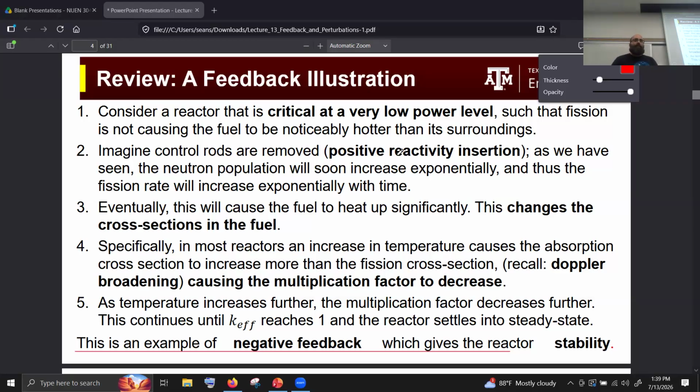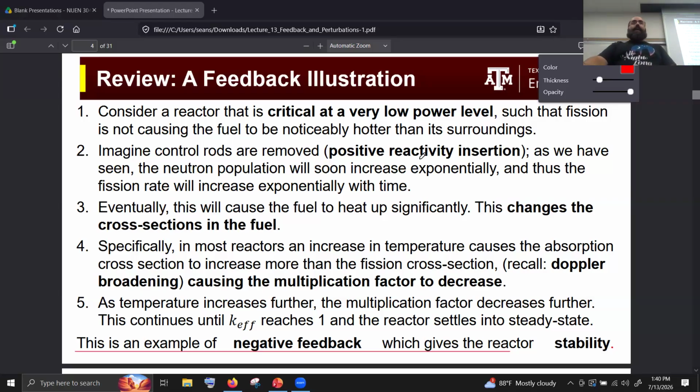And removing control rods reduces the absorption of the system, which is a way of saying that it makes the reactivity go up. So you have a positive reactivity insertion. And what the point kinetics equations say is that if you have a positive reactivity insertion into your system, it's going to cause your neutron population and also your power to increase exponentially. And so that increase in your power is going to cause things to heat up.